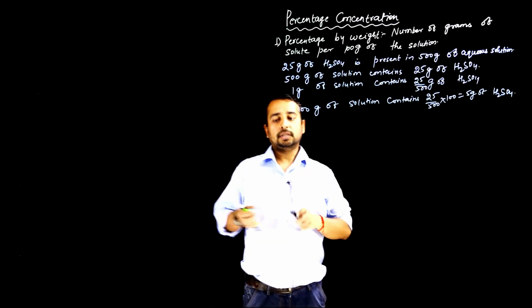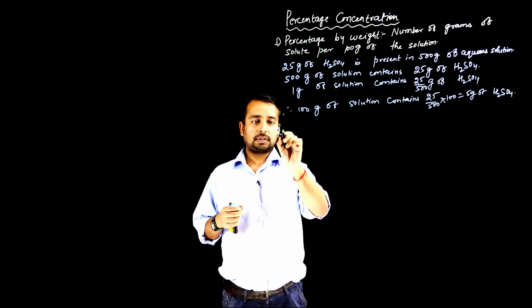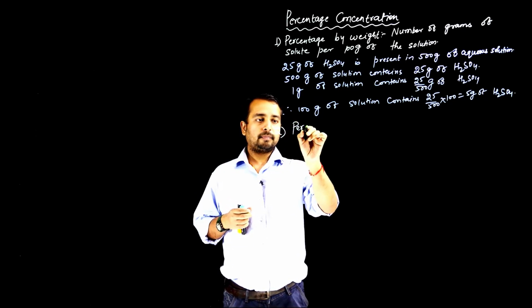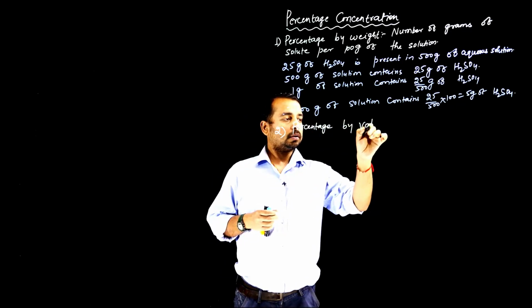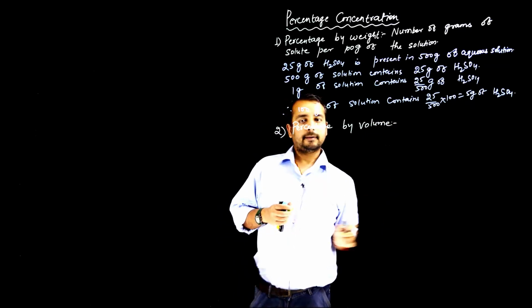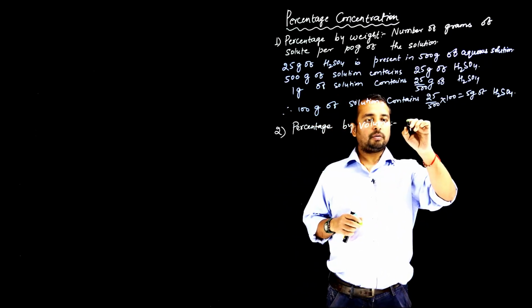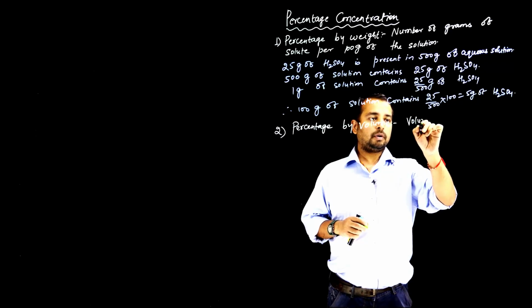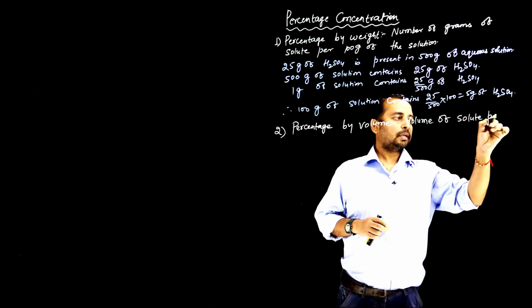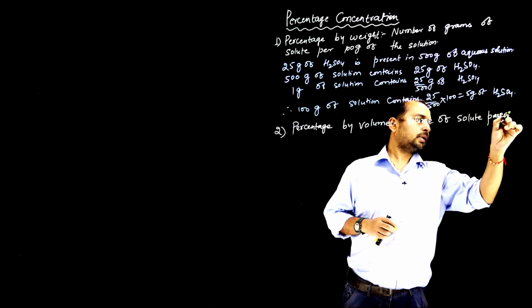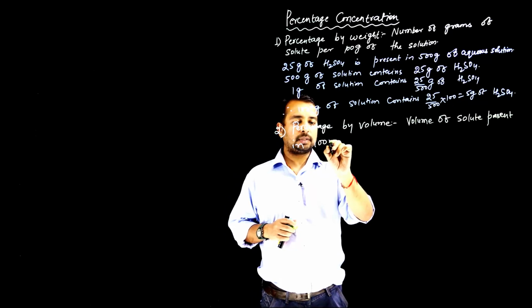The second term we are going to learn is percentage by volume. Percentage by volume is the volume of solute present in 100 ml of the solution.